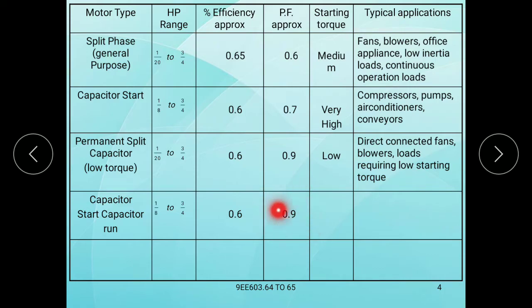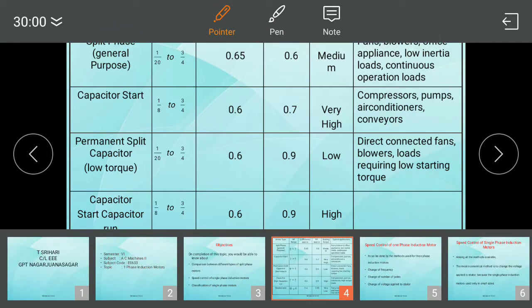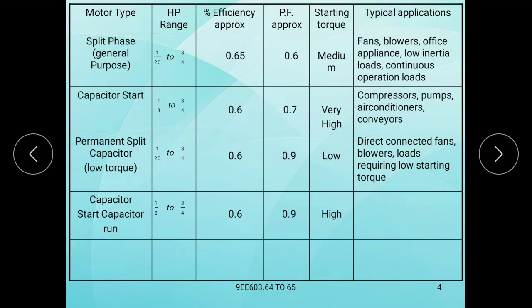The power factor is 0.9. Here the starting torque is very high. So why is capacitor start used? Because the starting torque is high.